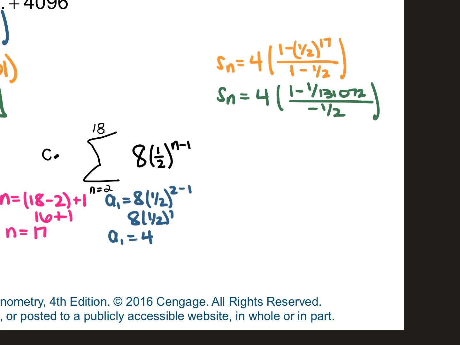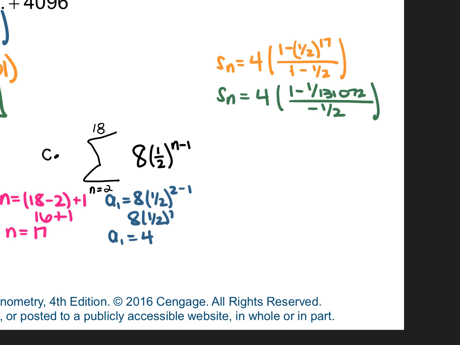From here, if you wanted to rewrite this as division, you could. So that way it's not that confusing and you don't have a fraction over a fraction. But I want to subtract that 1 minus 1 over 131,072 first. So that 1 has to turn into the 131,072 over itself.